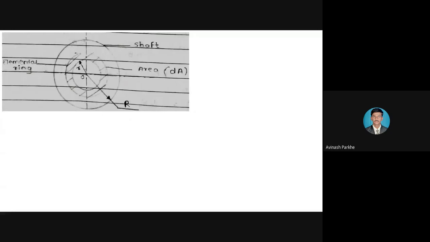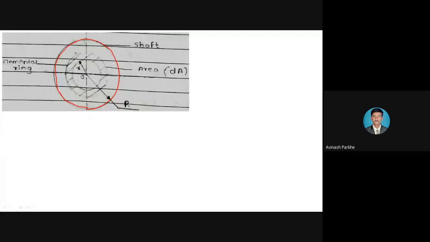If you go through this figure, this outer circle represents the original diameter of the shaft, or the original shaft. In that shaft we have considered one elemental ring, which is represented by the hatching lines.